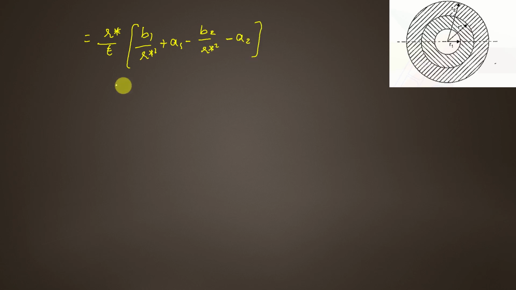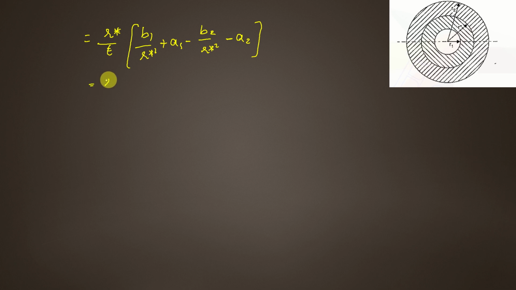So what remains is R star by E into B1 by R star square plus A1 minus B2 by R star square minus A2, right?